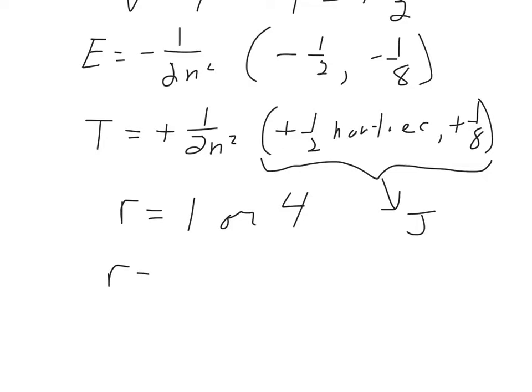R is 1 or 4, and that is A0 for the n equals 1 level, or 4 A0 for the n equals 2 level. You can look up a value of A0, the Bohr radius, in a table of fundamental constants and get that in meters. And then go from there. You'll have R, the radius of this circle, in meters.